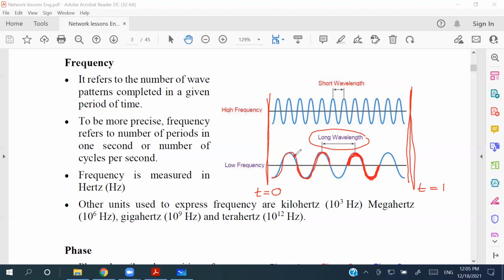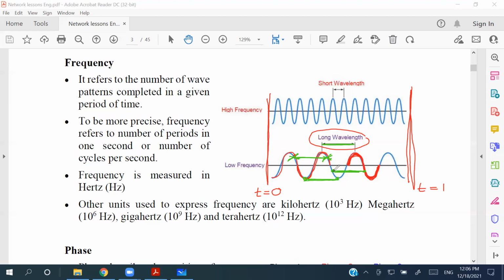This point and this point create identical positions, so this length is equal to this length. If you take this point and this point, or this and this, again identical positions, that is what we call the wavelength.